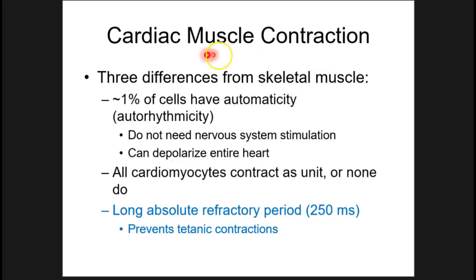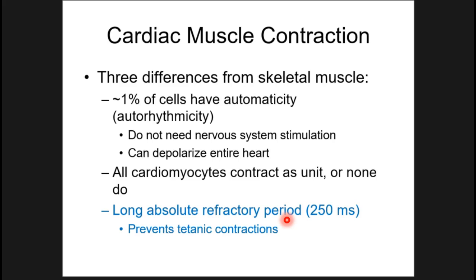One important thing about cardiac muscles is that they have a long absolute refractory period. So remember, with neurons firing onto muscle cells, you have a refractory period in which that neuron cannot fire again. Same thing with muscle cells. You have a period in which that muscle cell cannot depolarize again.